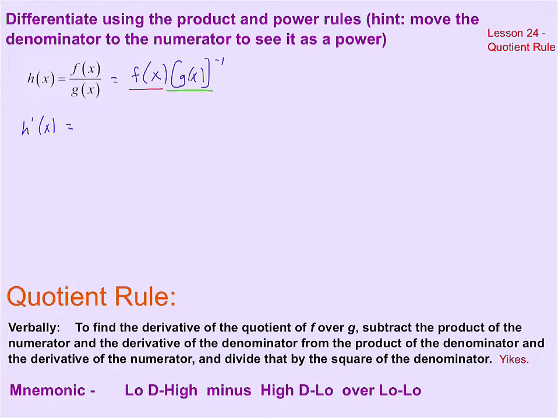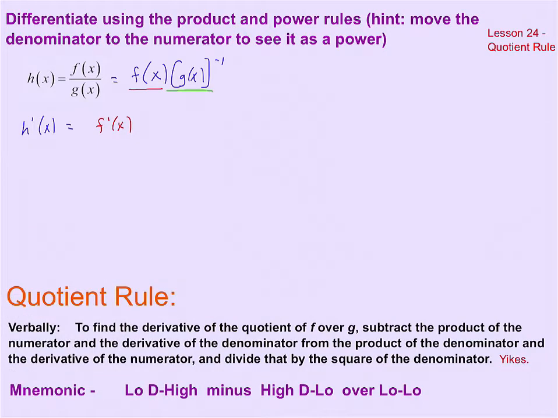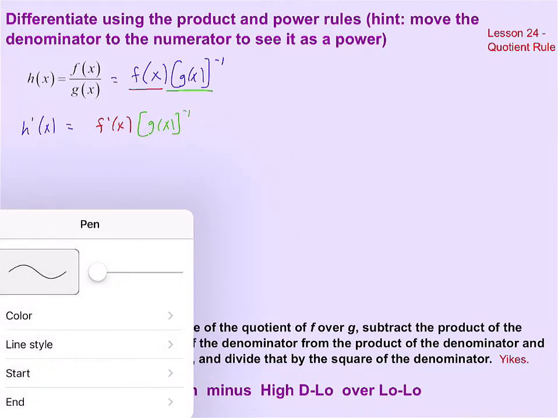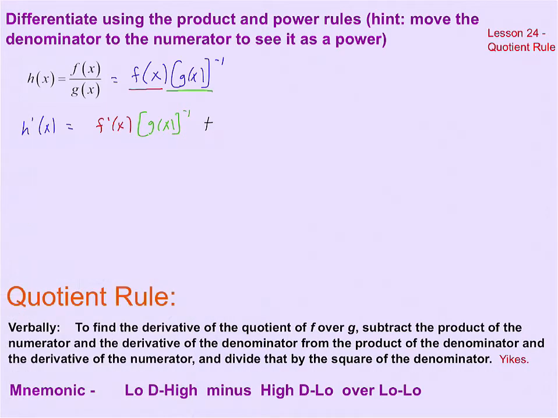And so h prime of x would be the derivative of the first times the second, plus the first without the derivative times the derivative of the second.